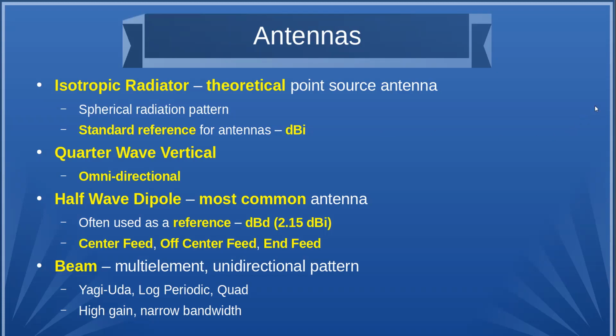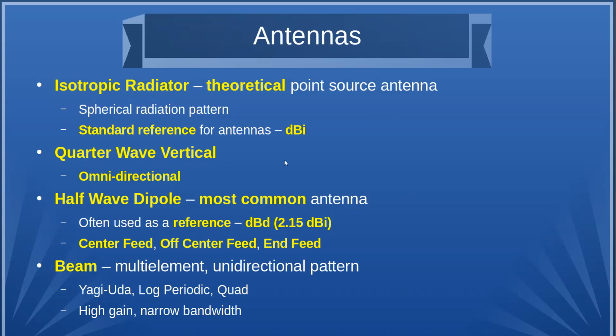You can't build one. I guess the end of a wire might be sort of close, but it's basically a reference. And we reference other antennas to it in decibels relative to an isotropic. That's dBi. Okay. You'll see here when we talk about half-wave dipoles, sometimes they'll reference it to the half-wave and it'll be a decibel relative to a dipole or a dBd.